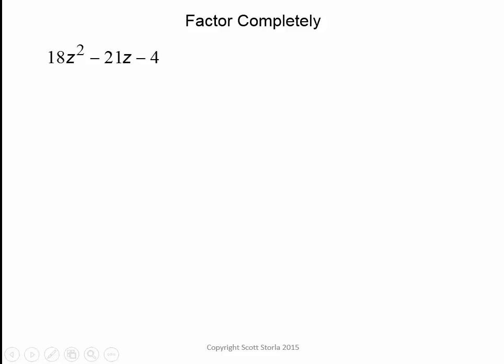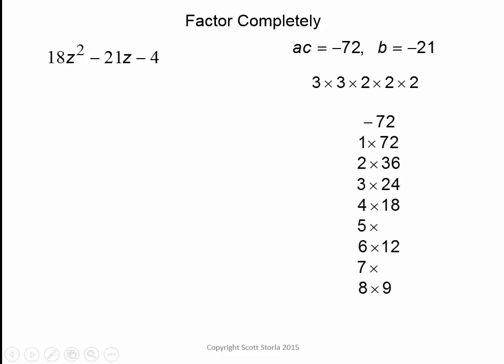And here's our last one. First, I have to find the product of 18 times negative 4, and that's negative 72. My value for B is negative 21. Of course, I don't work with the negative 72. I work with 18 and 4. That is 9 and 2 and 2 and 2. I then use my prime factored form to generate my factor pairs, and I look for one that can give me a negative 21.